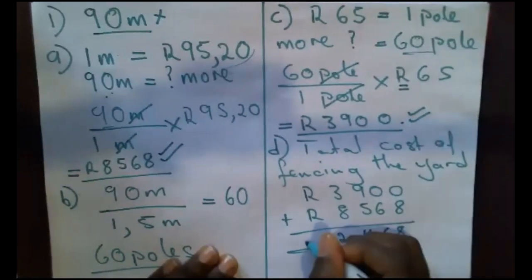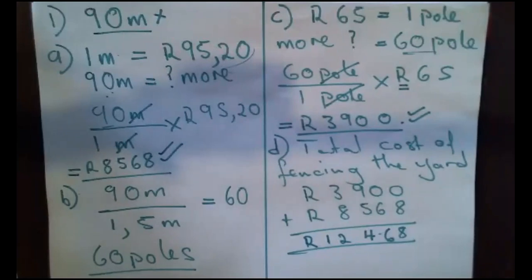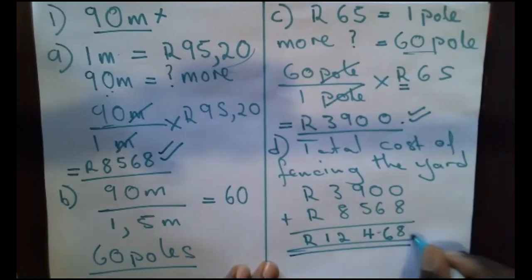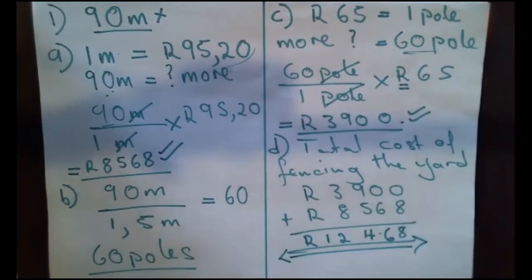So the total amount that you need to pay for the fencing is 12,468. This is the amount to be paid for the project. He has decided in this project he wants to fence his yard. So you have to pay 12,468 rand for the fencing and the posts.